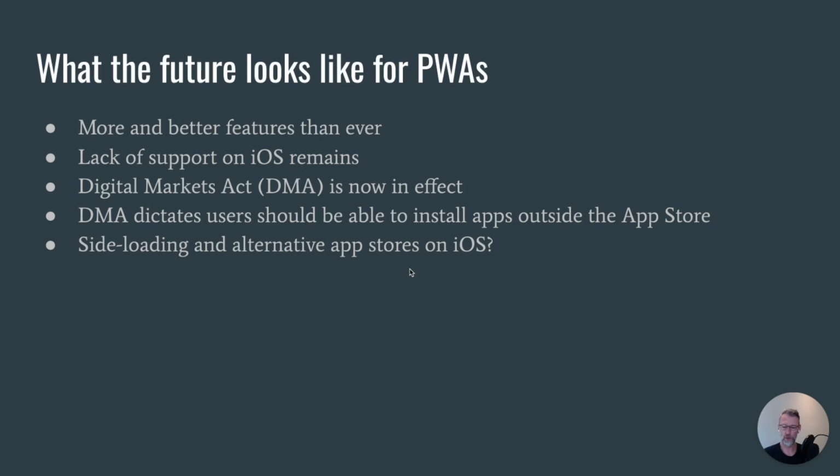Sideloading means that you can install a native app on iOS from a website or any other location, just like you can do on macOS right now, or that you can install it from an alternative app store on iOS. An alternative app store is just like an app store that any developer can implement right now on iOS. This has never been possible before, but Apple is now forced by the rules inside the DMA to provide this.